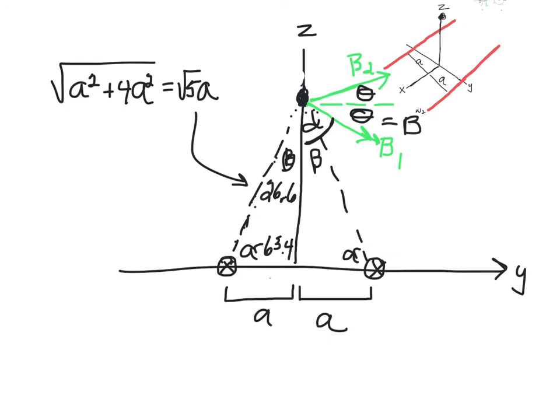That's rounded a little bit. So if this is 26.6 and this is 90, that has to be the 63. And if this is 90, that has to be the 26 point, it's actually 565, I think, degrees.